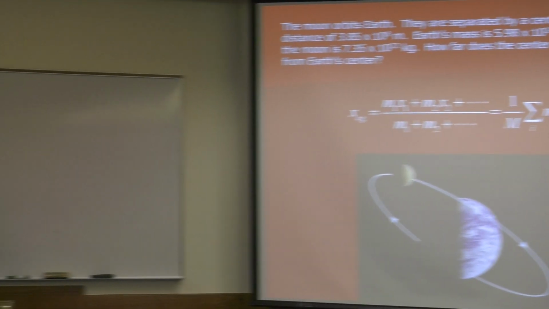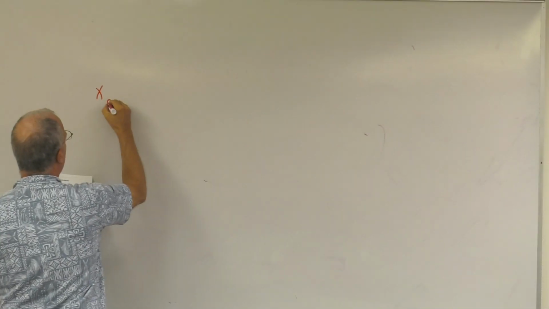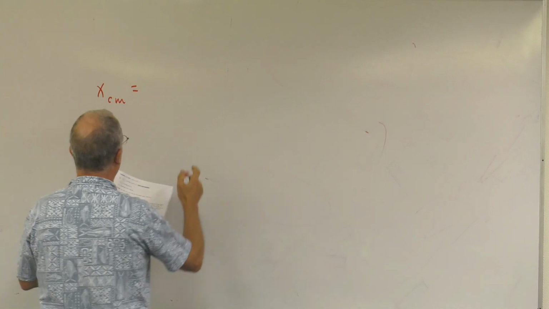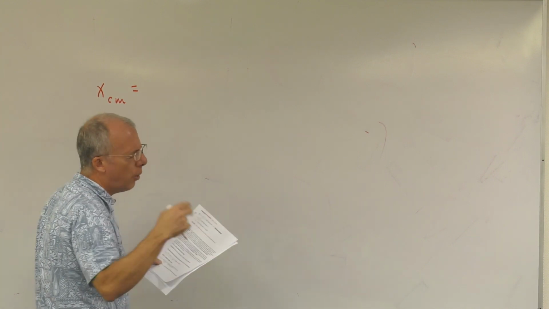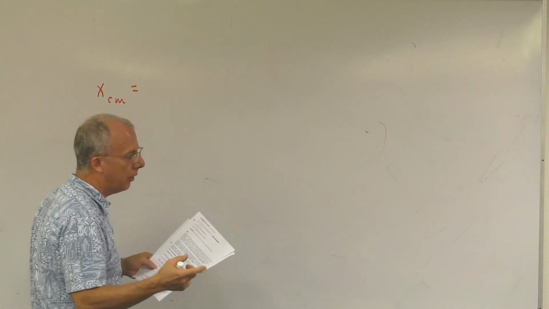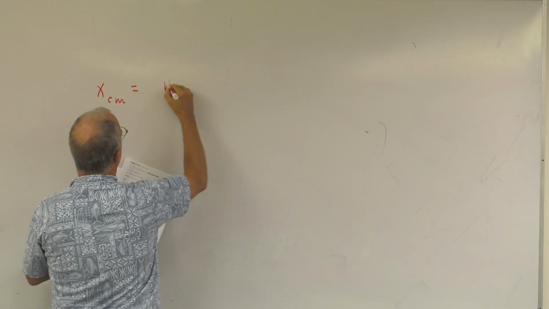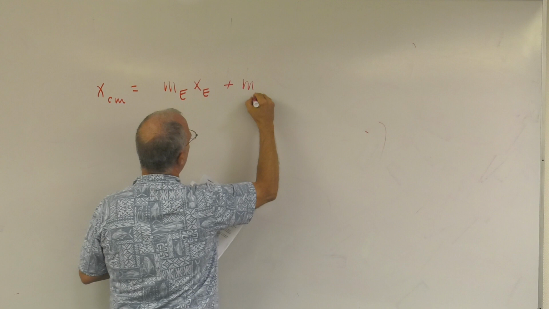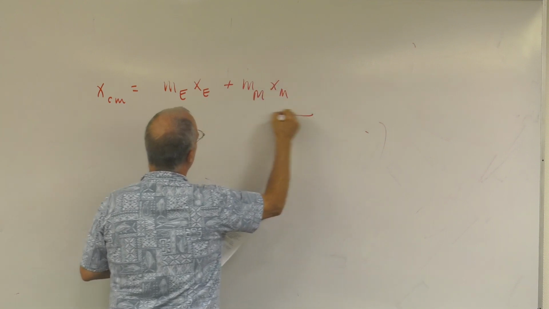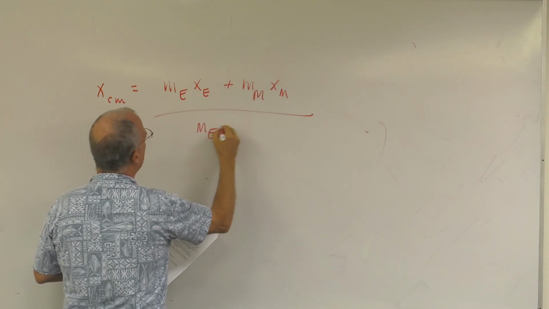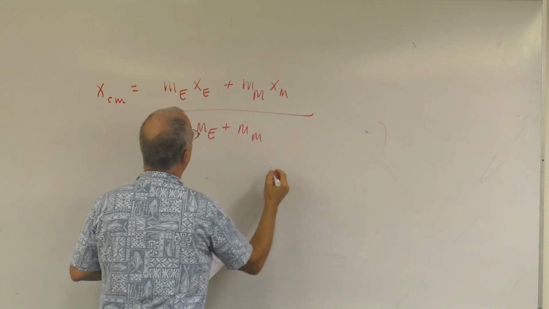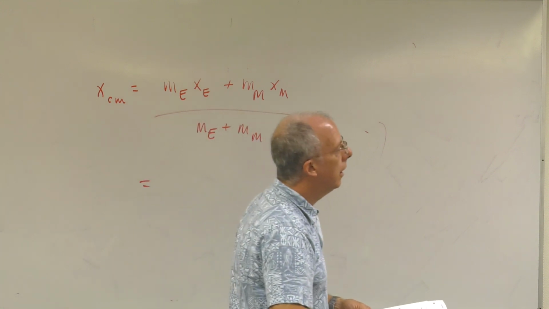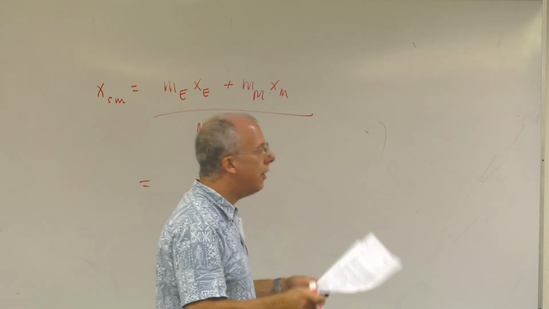All right, so X, center of mass. And again, the important thing is, well, let me just write the equation. So there's only two particles, right? Or two objects, the Earth and the moon. So we have mass Earth, X Earth, plus mass moon, X moon, divided by the mass of the Earth plus the mass of the moon. But the important thing is, what's the origin? The origin is from the Earth's center.